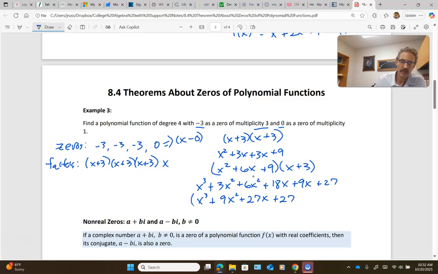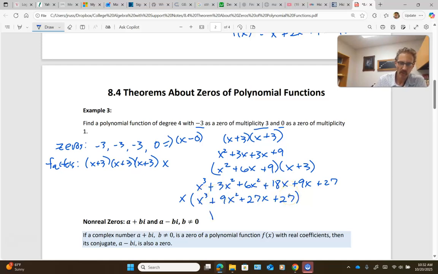Now technically we're still not finished because we've got this last factor of x. Well, this isn't going to be bad because if we multiply all these terms by x, their powers are just going to go up by 1.